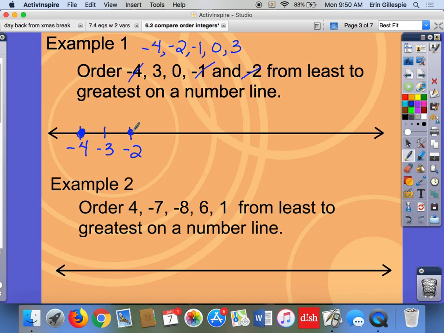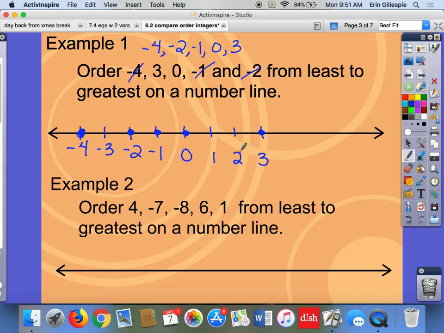I'll put a dot on that one because that is a part of my solution. Then -1. 0 is also a part of my solution. And then I have tick marks for 1 and 2, but no dots on them because they're not from my answer here. And then 3. That now actually shows my answers correctly spaced apart on the number line, okay? And no dots on these numbers because I just needed them in between to show my answers.